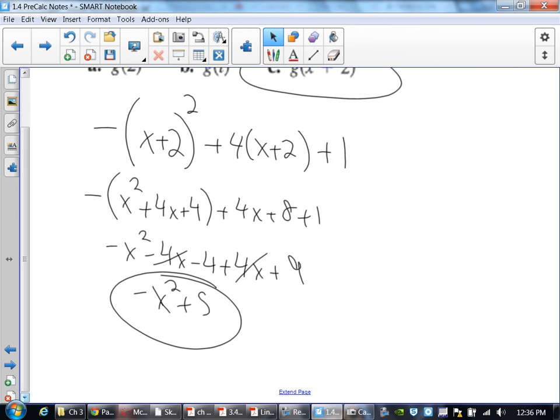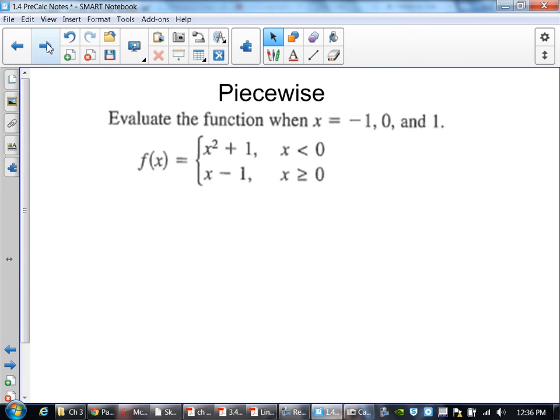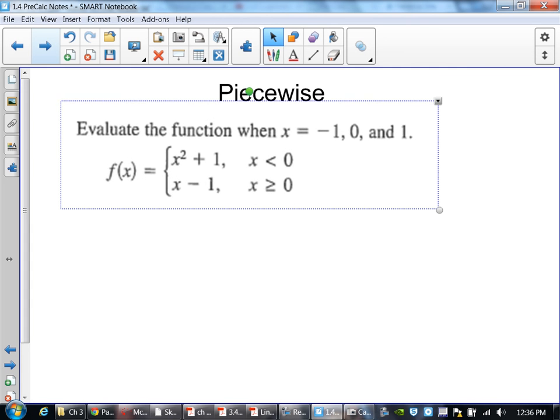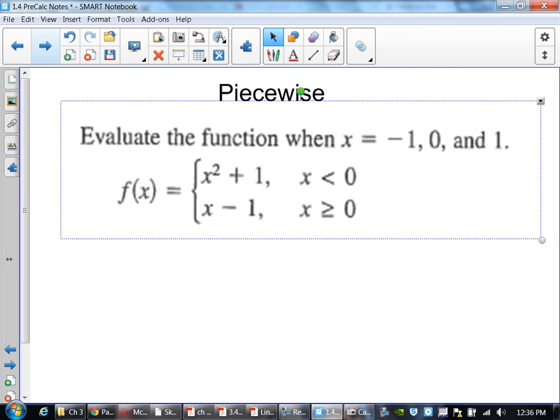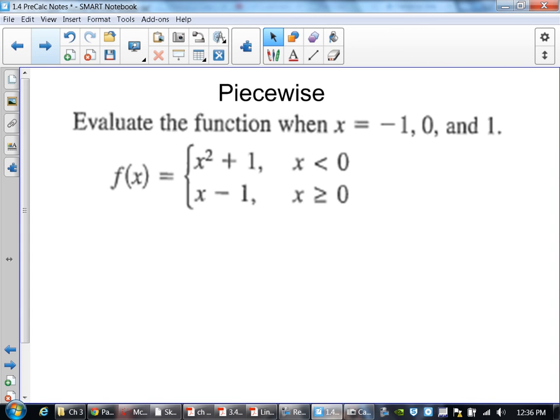We'll go into that piecewise thing. You may or may not have had a chance to talk about this last year. Piecewise functions are what we call domain restricted. Domain is which values, your x's or your y's?